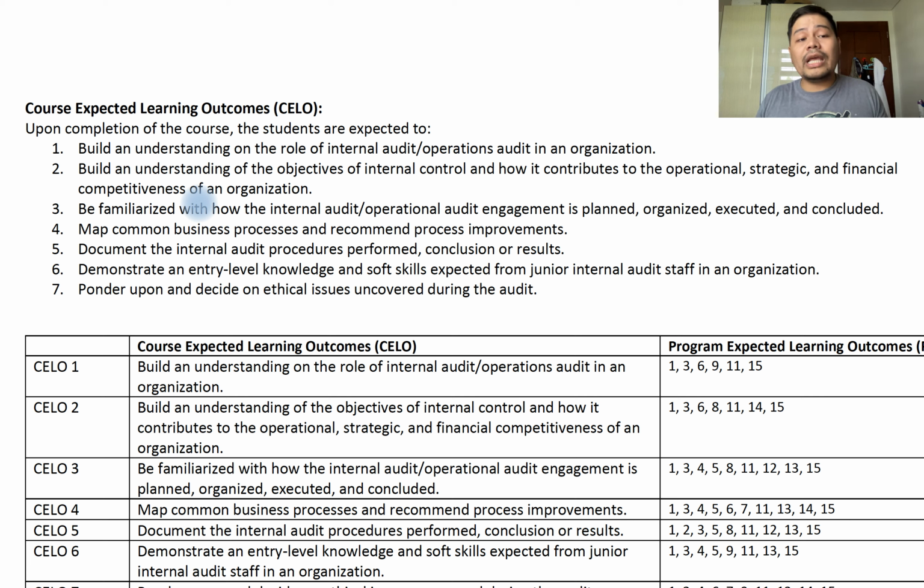If not really to create, be familiar with how you read a system flow chart, because definitely if you will make audit procedures, you need to document first what the business processes are and how you represent a business process that would be understandable by your audit manager or supervisor, because they will review your work.